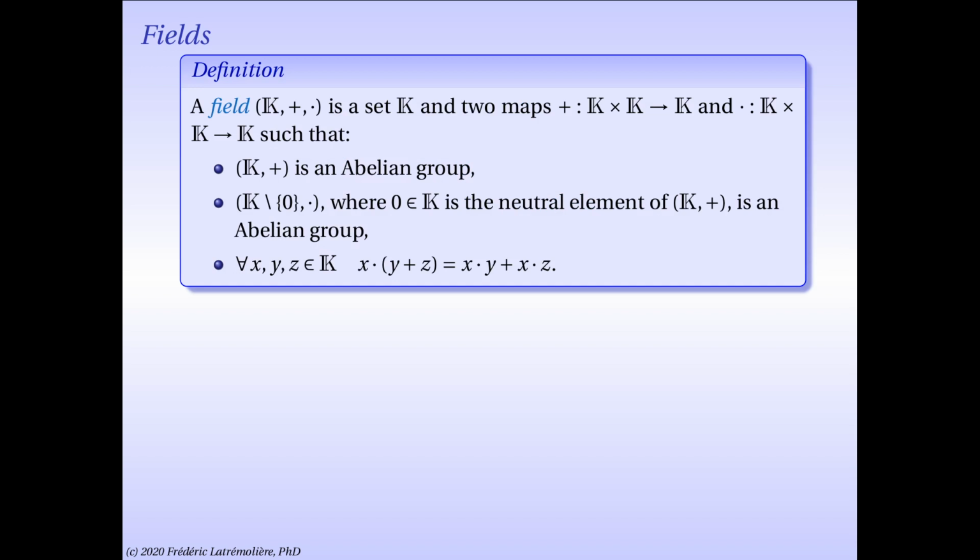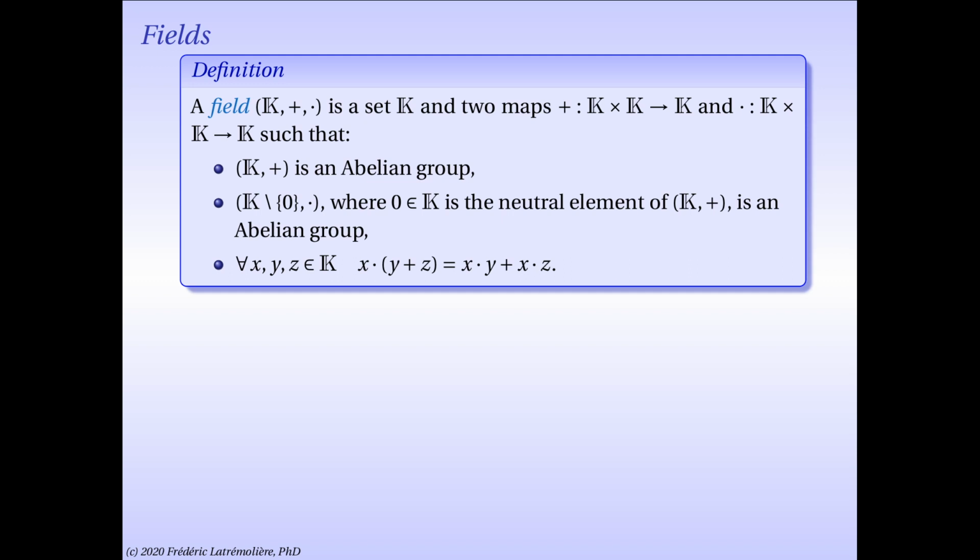So here's our definition. A field is a set with two binary operations. One is an addition, and one is a multiplication, with the property that your field with the addition is an abelian group. As an abelian group, it has a neutral element called 0. And if you remove 0 from the set underlying your field, then that with a multiplication becomes an abelian group as well.